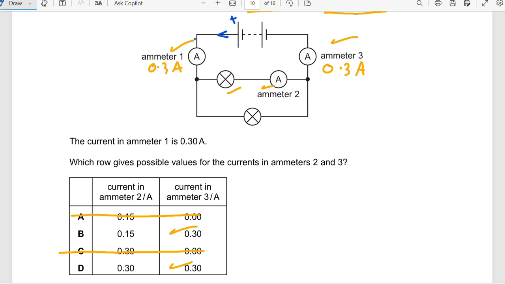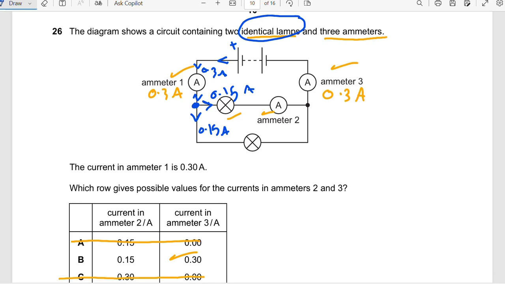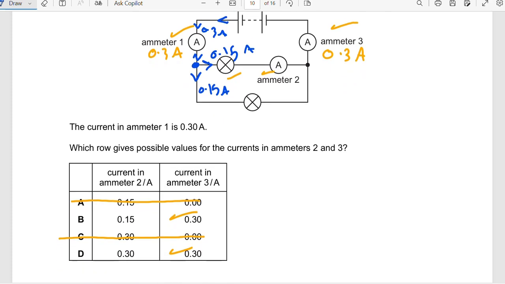It comes here, and at this junction it will split into two parts, and they are going to be identical. Why identical? Because they say I have identical lamps, which means the 0.3 ampere here is going to be 0.15 and 0.15. So which option is that? It is option B.